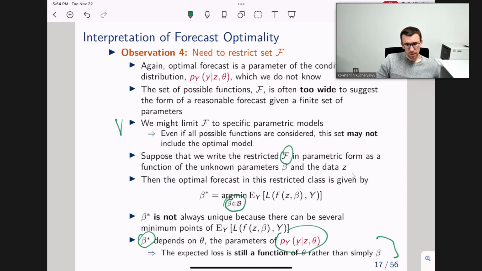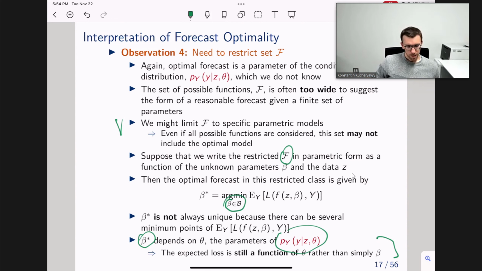Then the expected loss will still be a function of theta and some features of the data generating process. And once we estimate the features of the data generating process, the optimal forecast is non-unique. So non-uniqueness is everywhere.